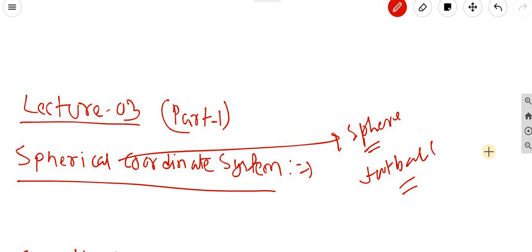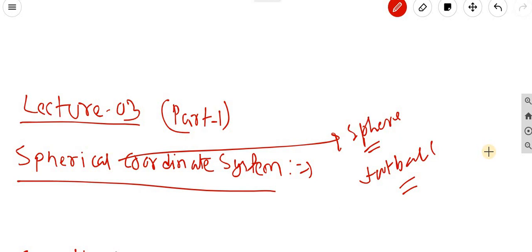Clear? So as we define any point in the cylindrical coordinate system, any point we define in rectangular coordinates we can convert into cylindrical coordinates. Here it is the same. Now why will we use this coordinate system?